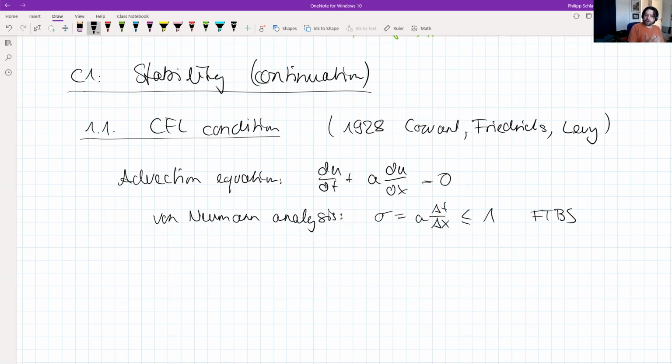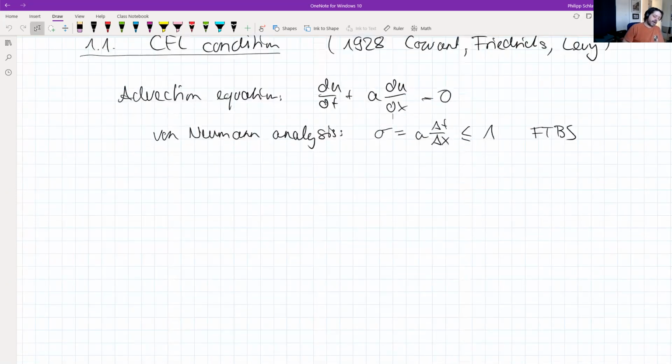So we know from the von Neumann analysis that there is a stability limit. But to understand the CFL condition, it's quite instructive to plot this condition in a space-time diagram.